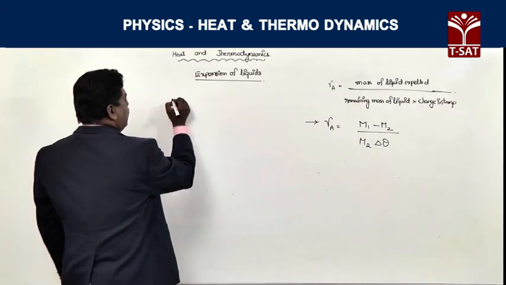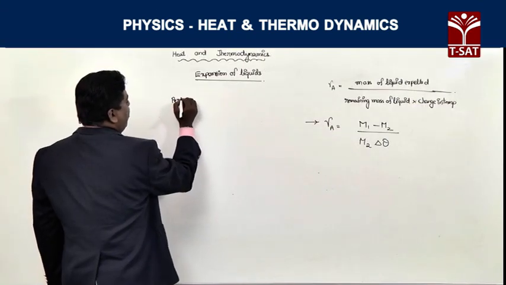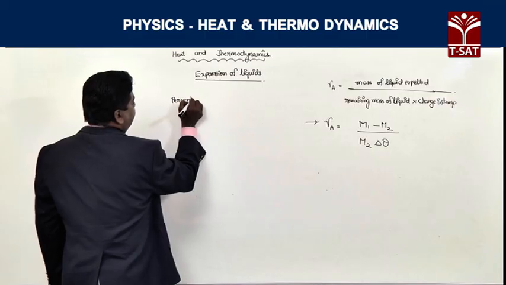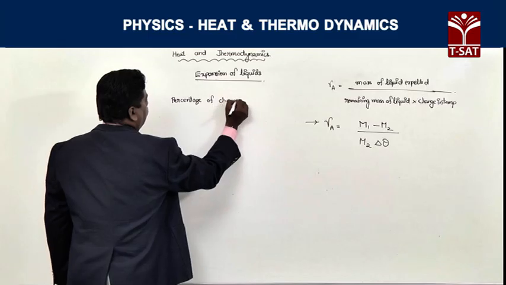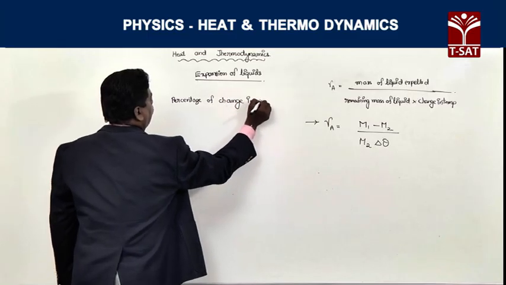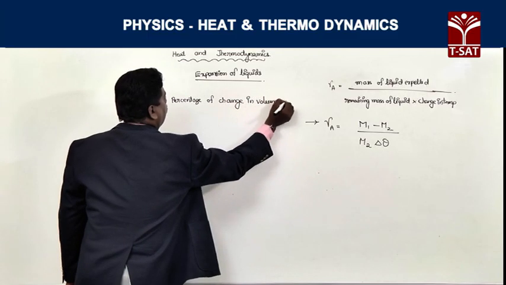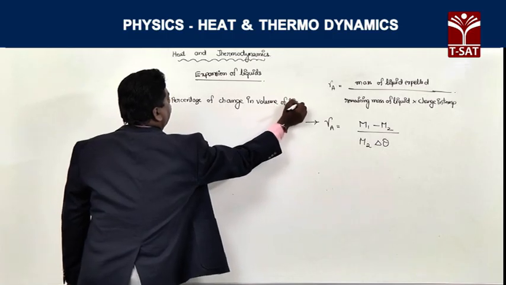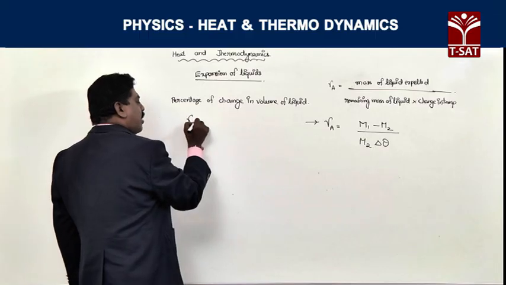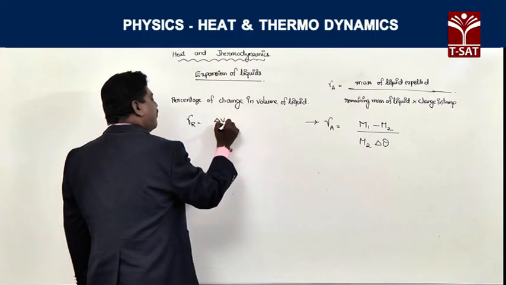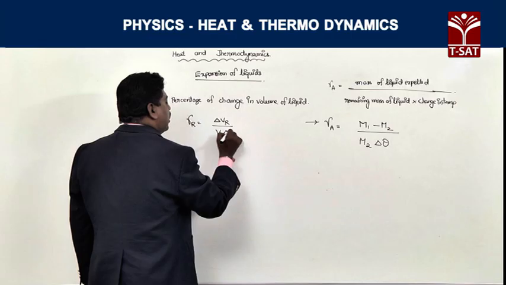Let us consider the percentage of change in volume of liquids. We know the formula gamma R equals delta VR by V into delta theta.